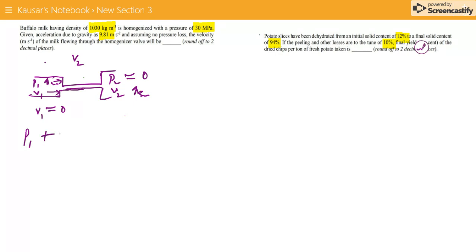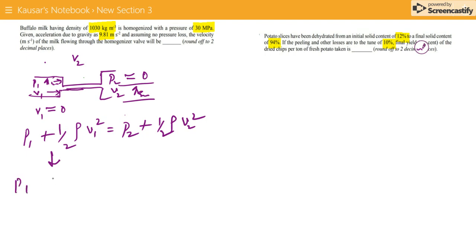So the formula for calculating this velocity is P1 plus 1 half of density V1 squared is equivalent to P2 plus 1 half of density V2 squared. Assuming these things, the equation will become P1 equivalent to 1 half of density V2 squared.